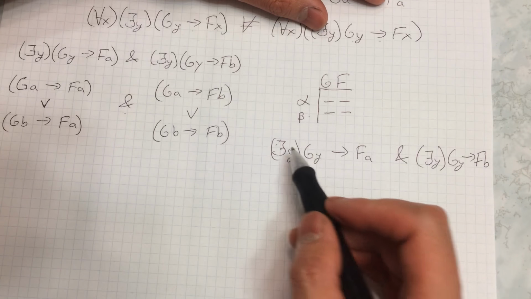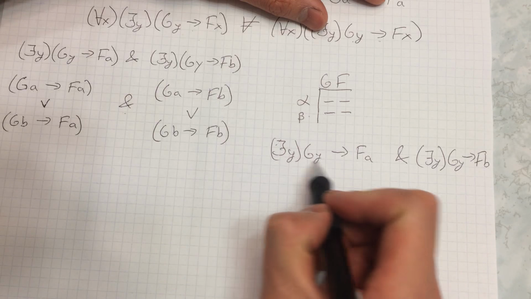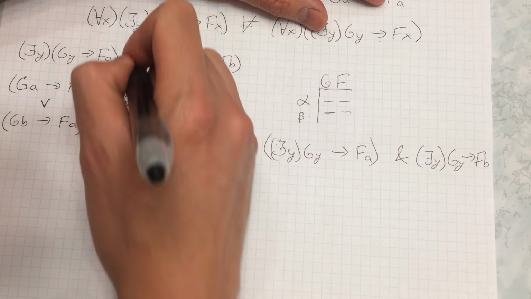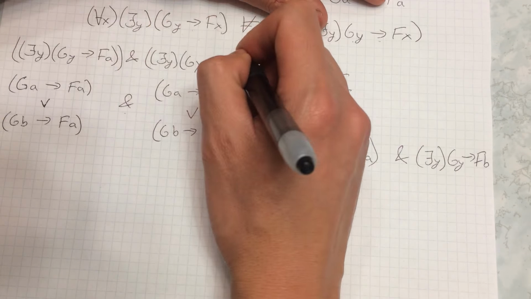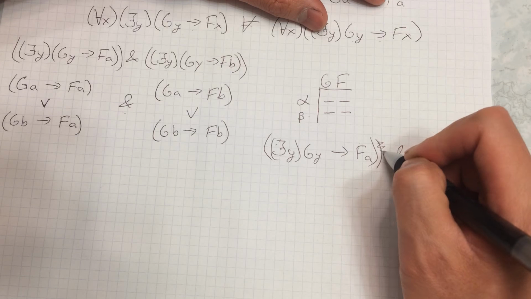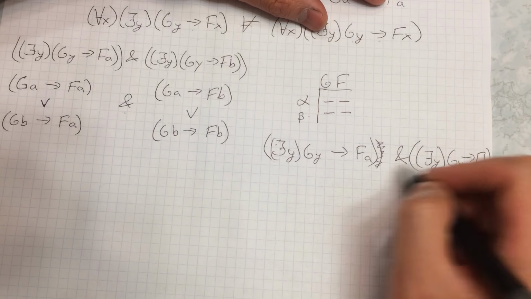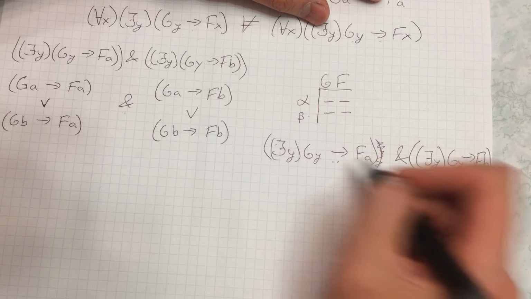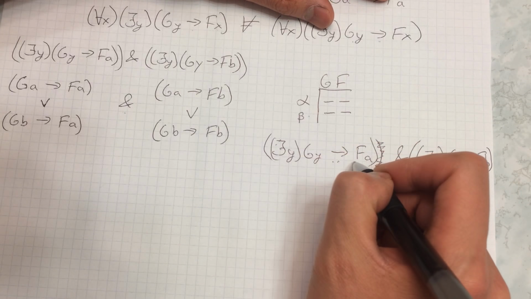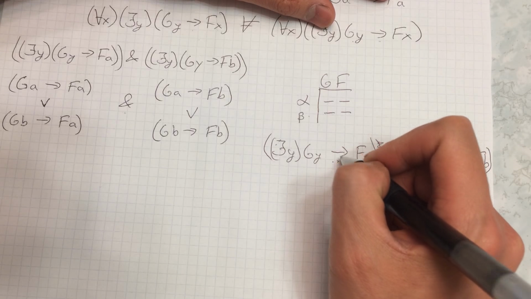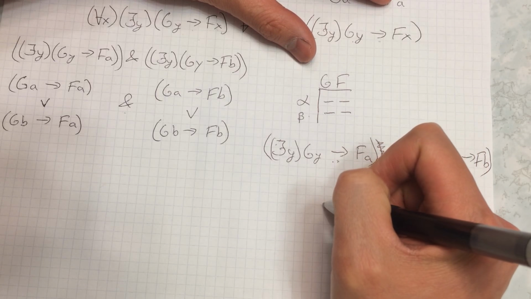Okay, so you notice here that the antecedent is an existential sentence, but the main connective in the conjunct is the arrow. So this is a conditional, and this is also a conditional. So since this is the main connective, it remains a conditional once we break this down.